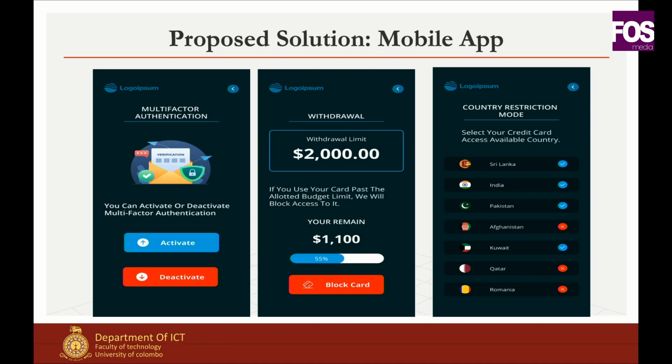Also, if your card is stolen, you can block the card from the mobile app. When you travel abroad, you can limit the countries from which purchases can be made with the credit or debit card. As in the previous method, the server sends a message to the mobile app, the message pops up, and you can accept the payment or the withdrawal, and only then do you get the money.